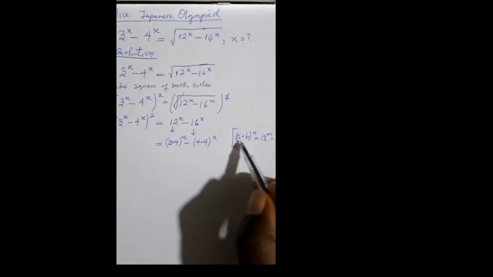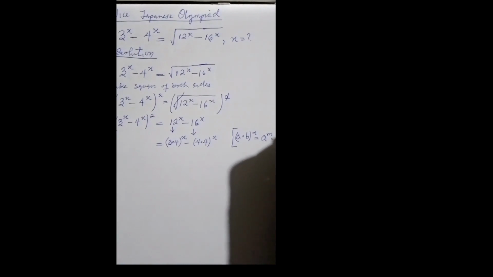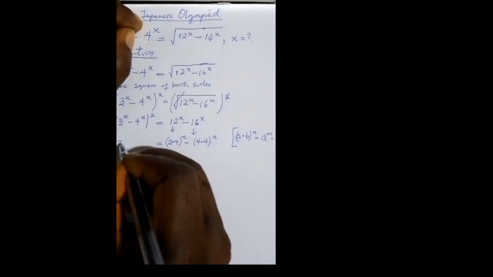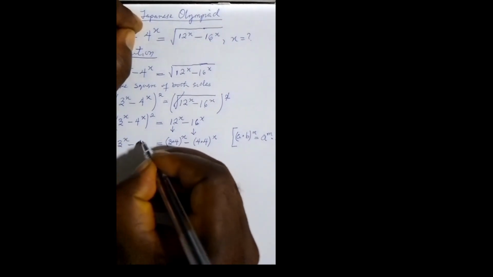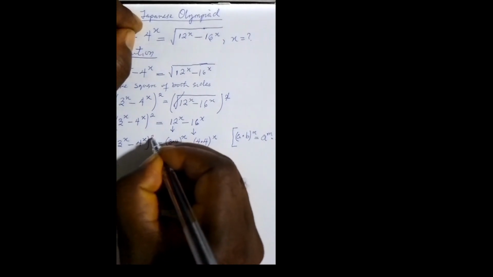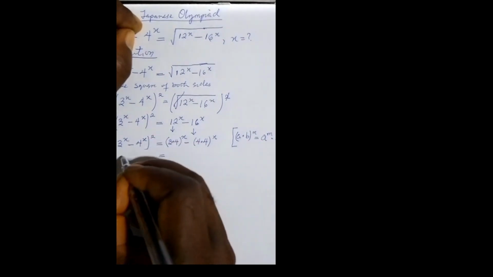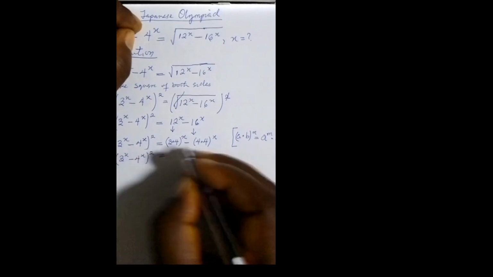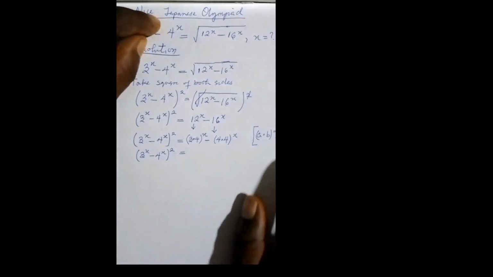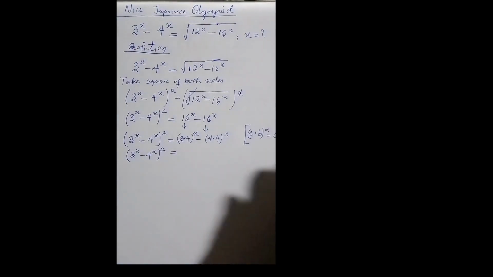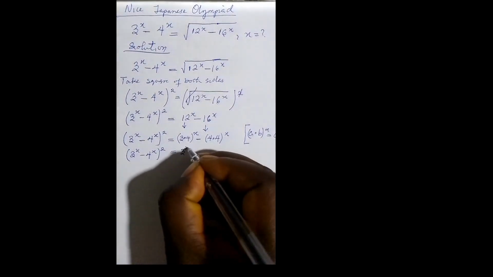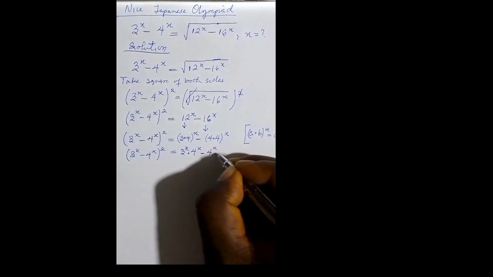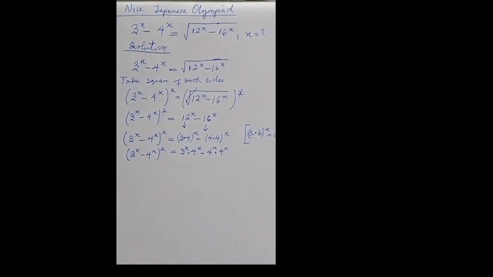I'm going to apply this law to rewrite the right hand side. Meanwhile, on the left we have (3 to the power of x minus 4 to the power of x) all squared. So what we now have is (3 to the power of x minus 4 to the power of x) all squared equal to 3 to the power of x times 4 to the power of x minus 4 to the power of x times 4 to the power of x.